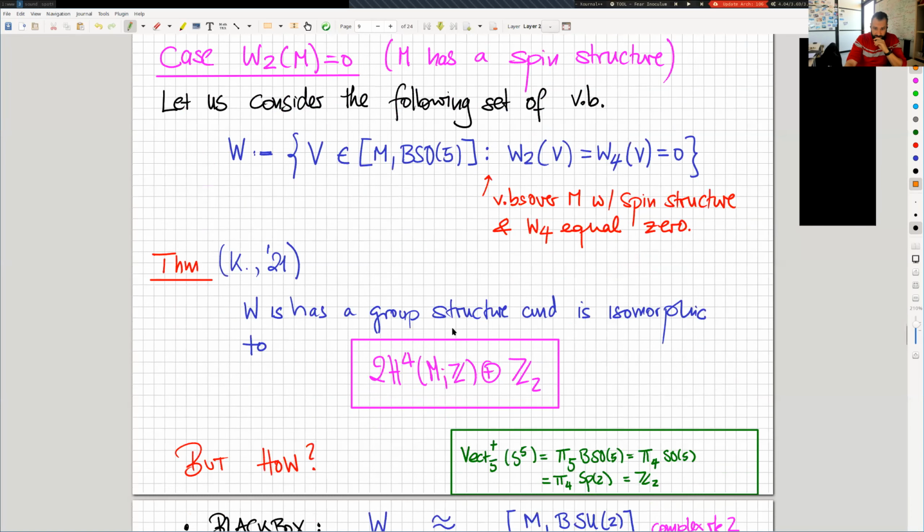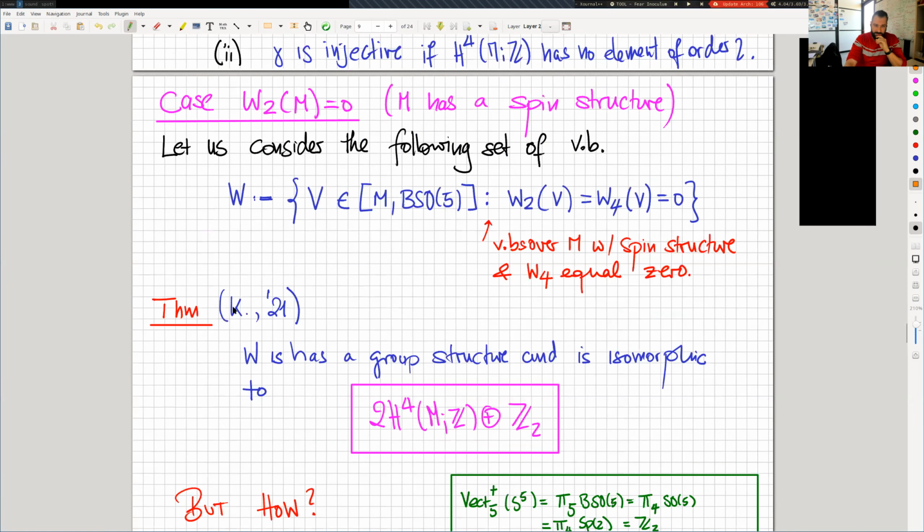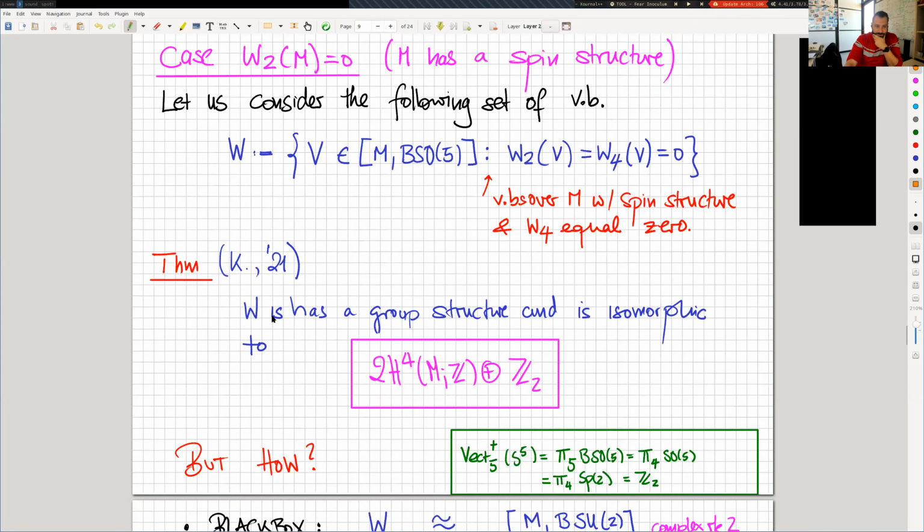Okay, and then this is the theorem. It was published in this year, but I did it 2 years before. You know how long it takes until things are getting published. And the claim is the following: this set actually has a group structure. It's very interesting. It's not that obvious to see the group structure, and it is a group.